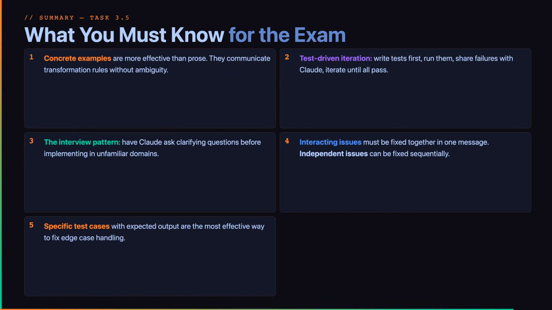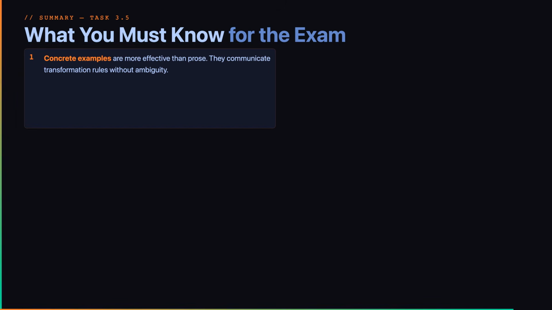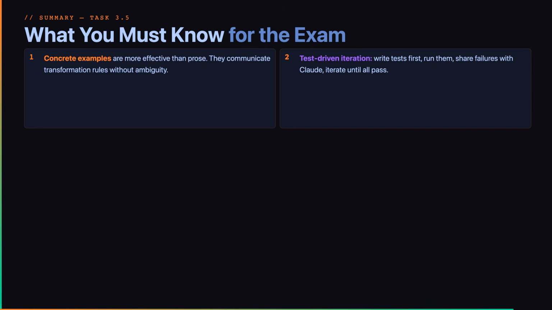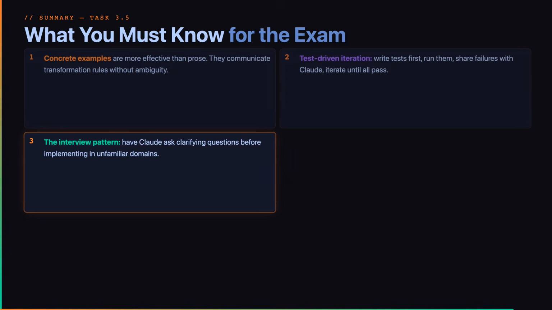Here are the 5 takeaways you need to know cold for the exam. 1. Concrete input-output examples are more effective than prose. They communicate transformation rules without any ambiguity. 2. Test-driven iteration. Write tests first, run them, share failures with Claude, iterate until all pass. 3.